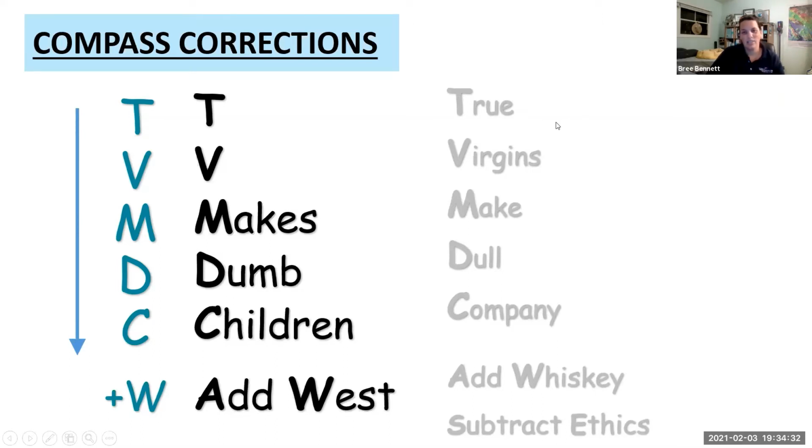So it's true virgins make dull company, add whiskey, subtract ethics. So that's you're adding west, subtracting east. Most people remember that one because it makes people laugh.